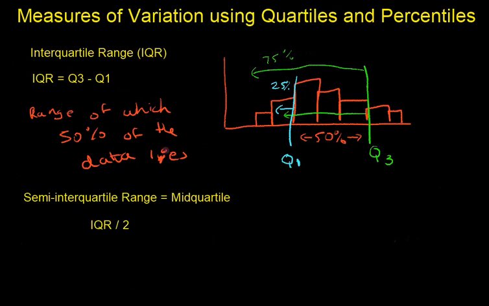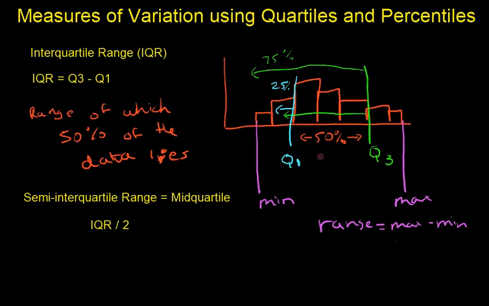This is really useful. Remember, we also had discussed calculating range. Remember what range is? Just regular range. It would be the max minus the min. We said this isn't a great measure of variation because it's very affected by outliers.